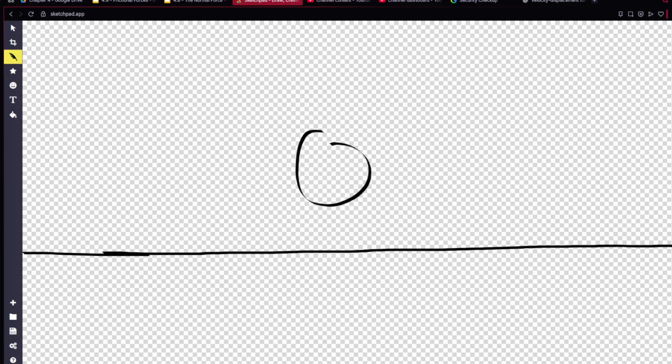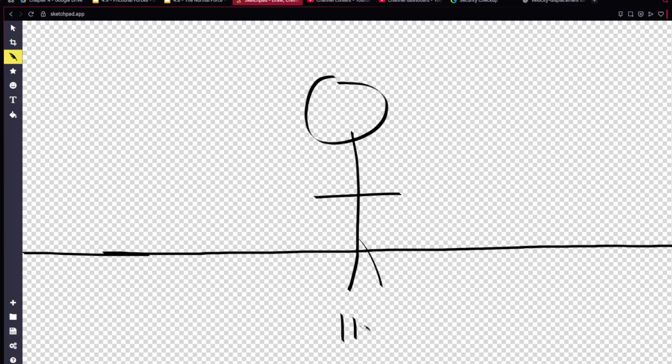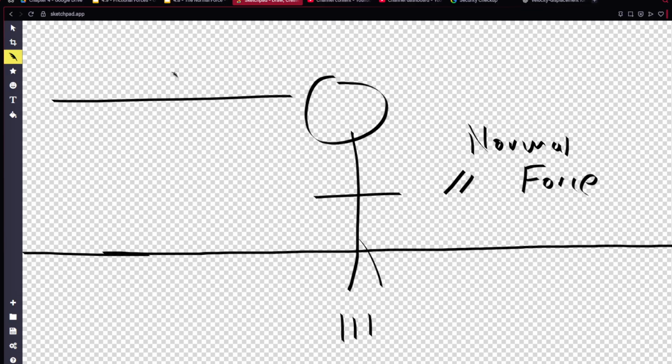Okay, so let's just say that you're standing on an infinitely long line, or you're just standing on the floor. We'll just assume that the floor is a line, a perfect line, and I'm standing here. The force I'm exerting onto the ground is called the normal force. It's perpendicular because the ground is this way and my force is being exerted onto the ground this way.